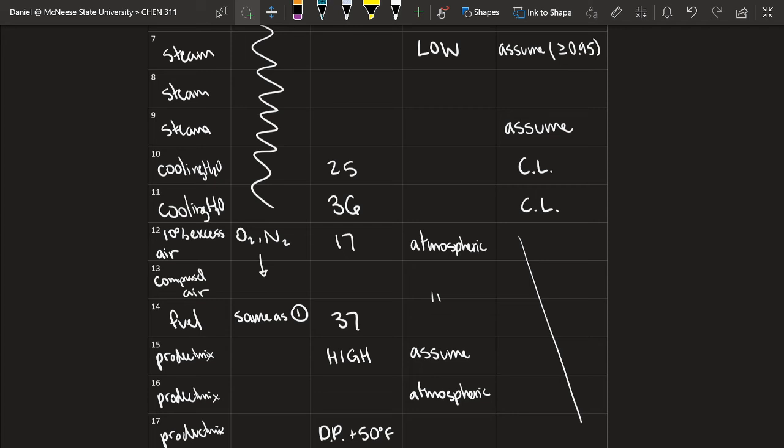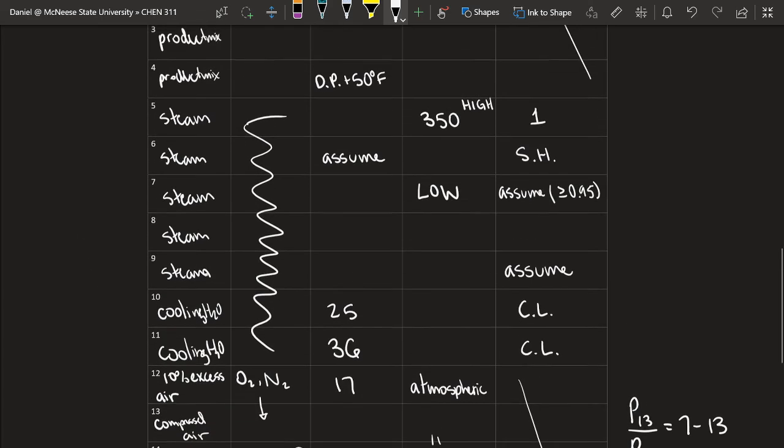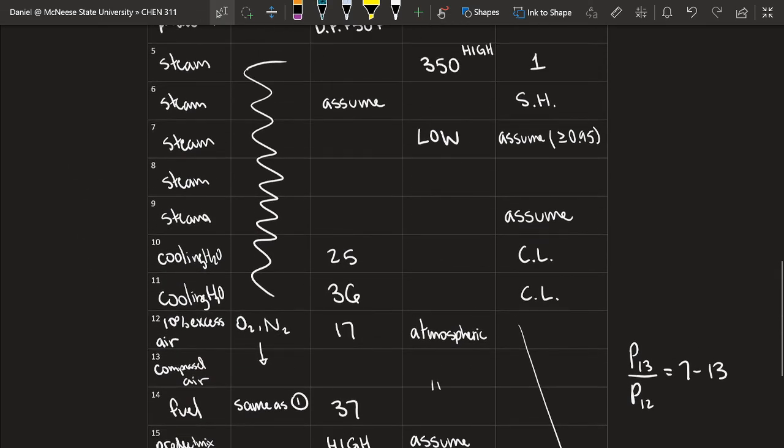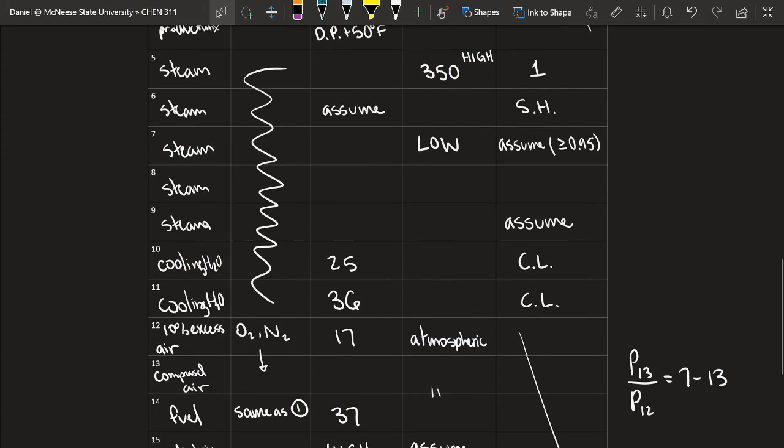What I'm saying when I say pressure ratio, P13 over P12, is something like 10. Let's go with somewhere between 7 to 13. 10 is a good one. 9 is a good one. They're all good. Doesn't matter. But nothing higher or lower than that.